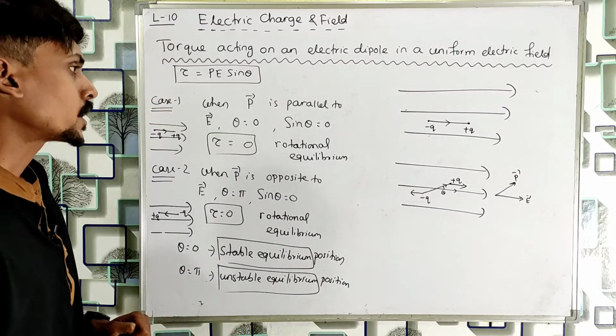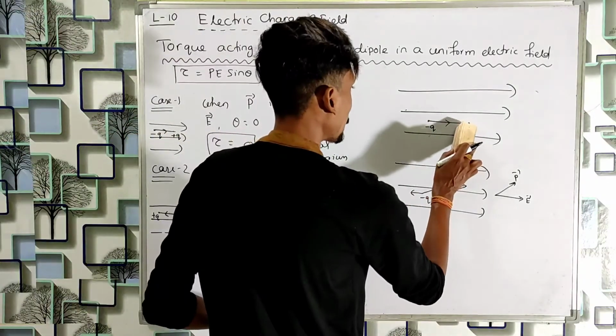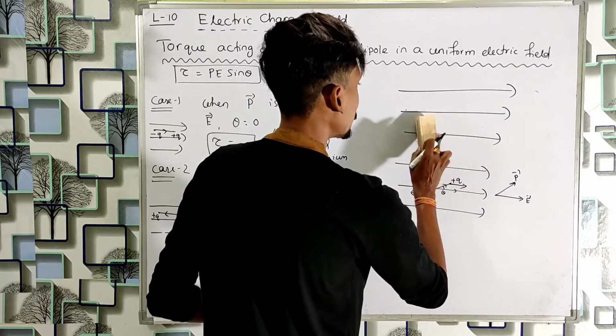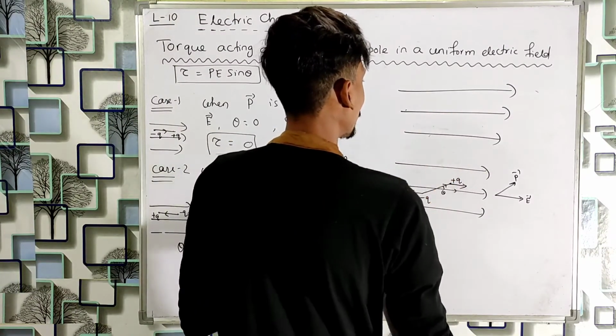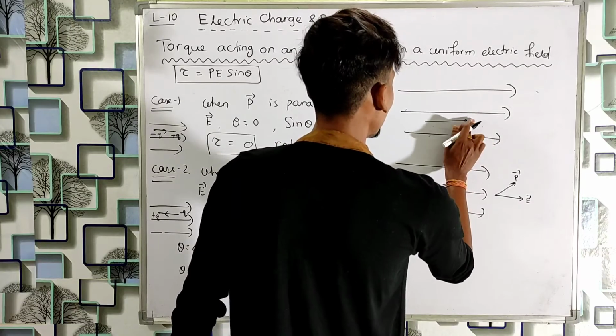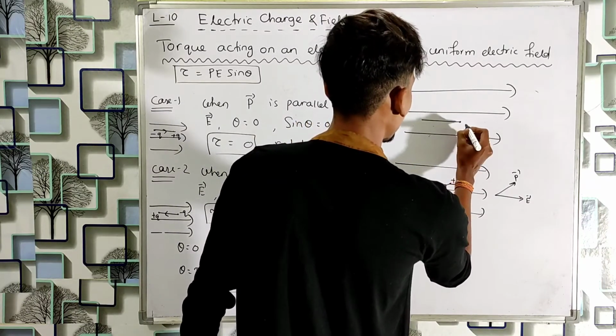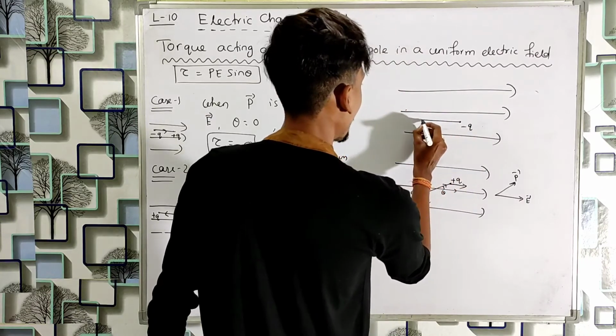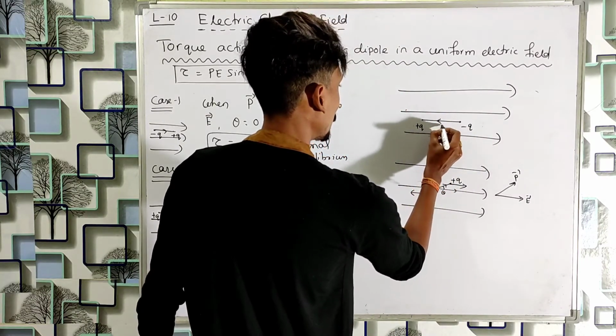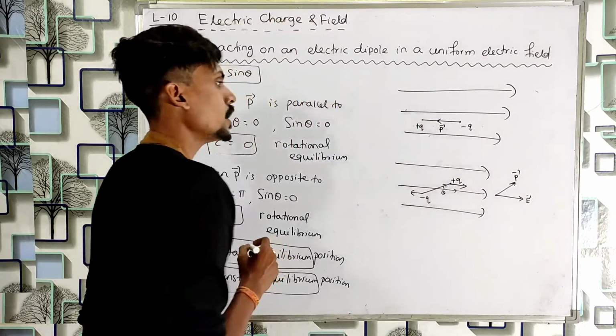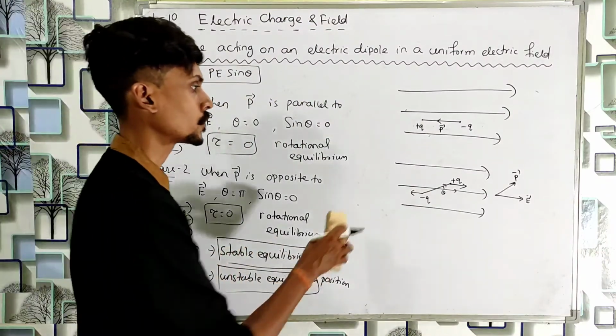Now let us go to the second situation, when the dipole moment is opposite to electric field. We have minus q charge here and plus q charge here. The dipole moment p vector is opposite to electric field.